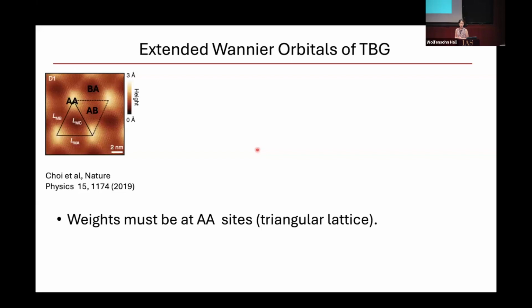So twisted bilayer graphene, this is an experimentally obtained STM image. But if you don't have an STM in your basement and you want to think about what twisted graphene should look like, you can take a slide and print out a transparency, if you know what a transparency is.